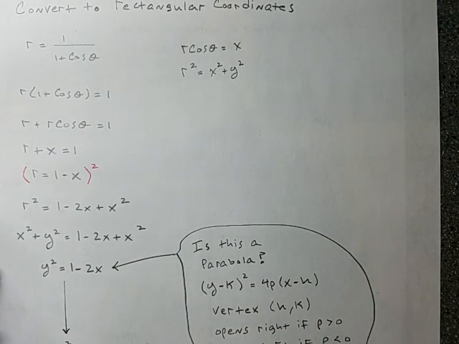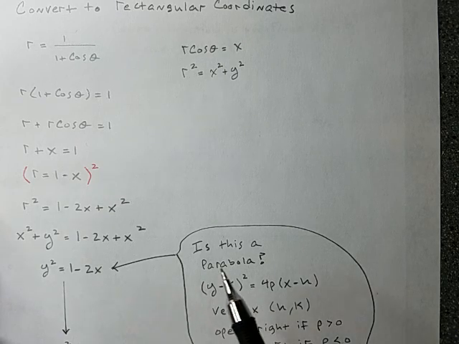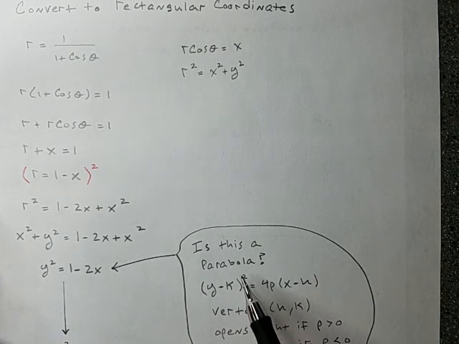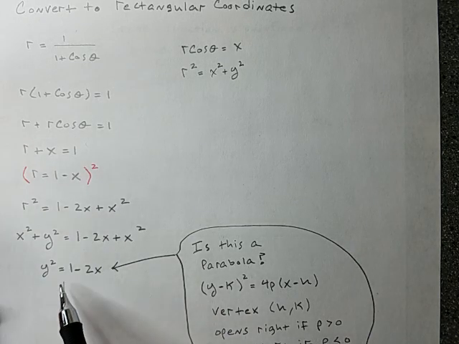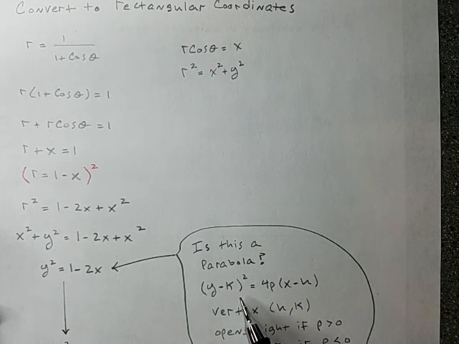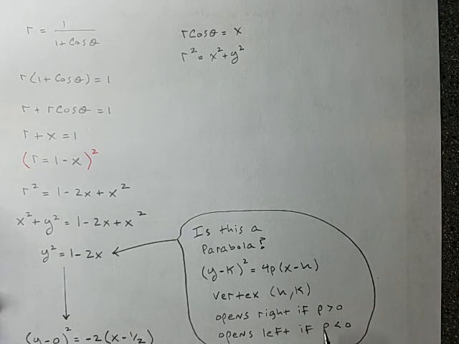All right. Now, once I got here, this looked familiar to me. And I thought, that's a parabola. I don't have the best memory, but I know that that is some kind of parabola that opens either left or right. In fact, the equation for such a parabola is y minus k squared equals 4p times x minus h. If you have that equation, it is a parabola that has a vertex at (h, k), and it'll open left or right depending on the sign of that number right there.